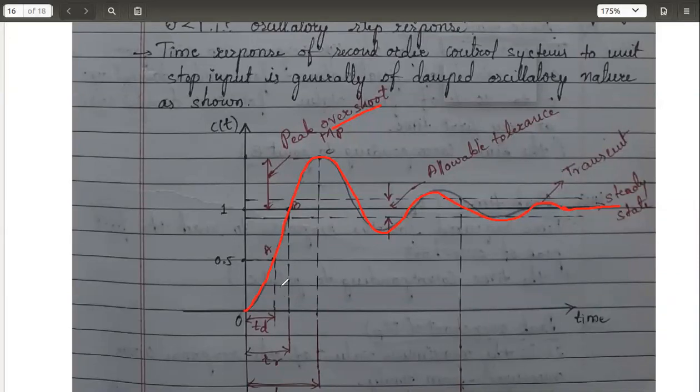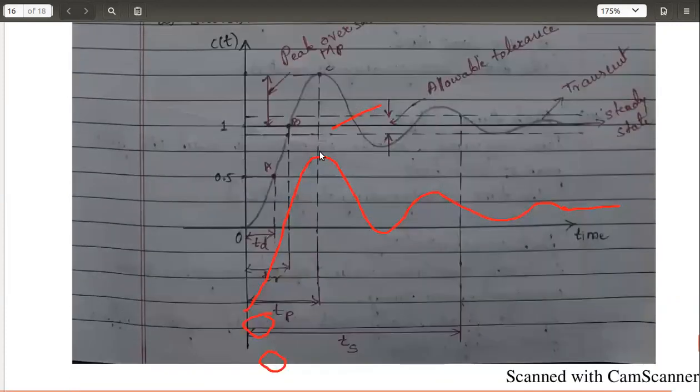This is the response I have drawn for the second order system when the unit step signal is applied as the input. In red, I have indicated some of the time parameters: T subscript D, TR, TP, TS, these 4 values, along with MP.